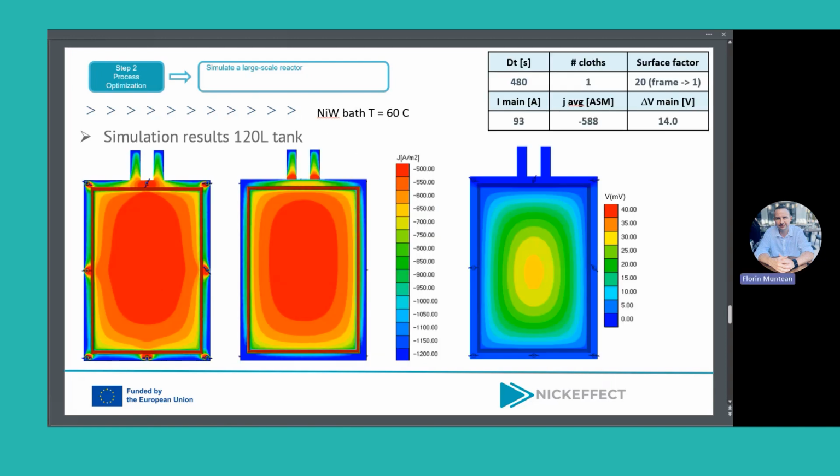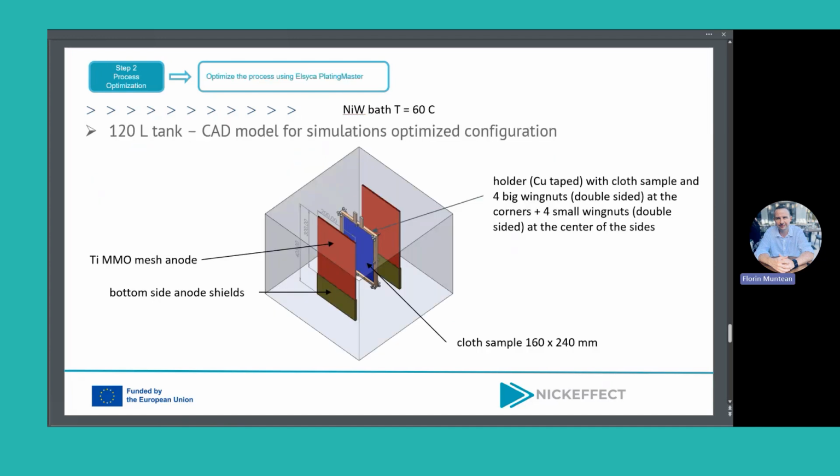So this is where we started from, and then we had a few iterations, and we ended up with a more advanced configuration for this setup. One change was to replace the wing nuts from the corners with bigger wing nuts, and we added them on both sides, and using smaller ones in the center of this holder.